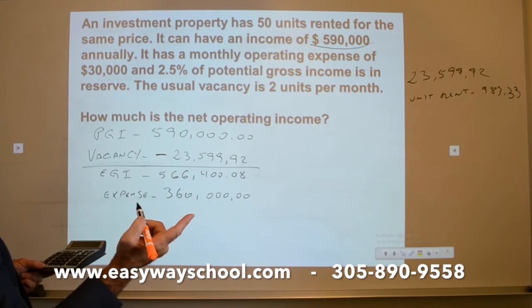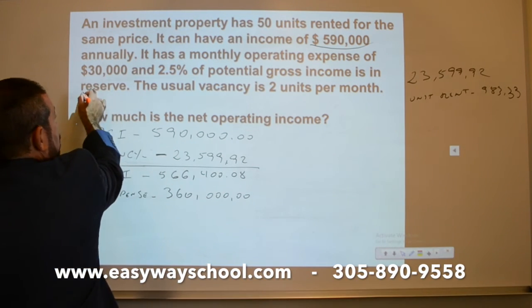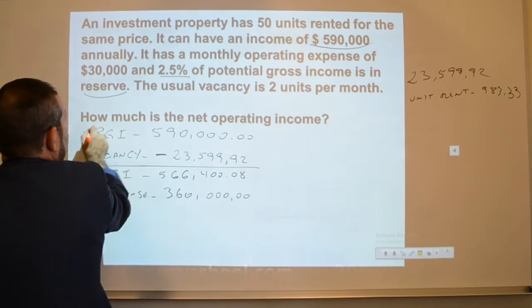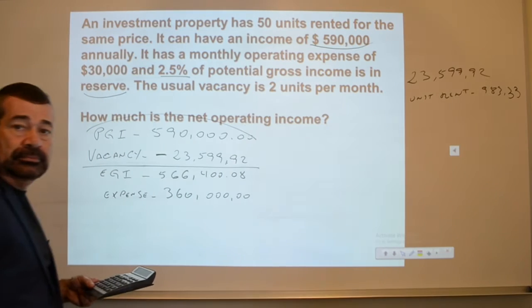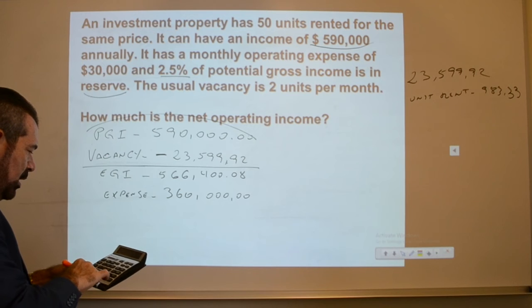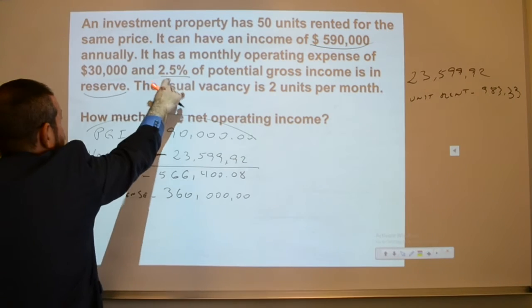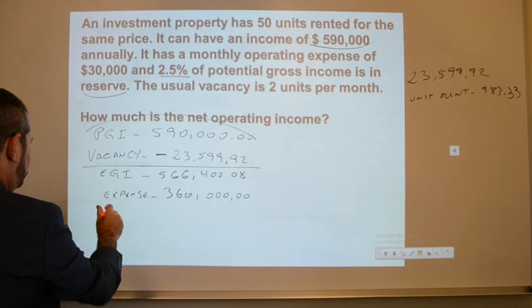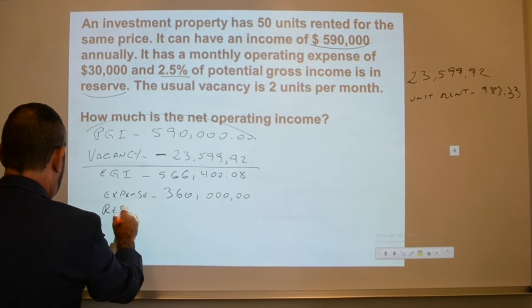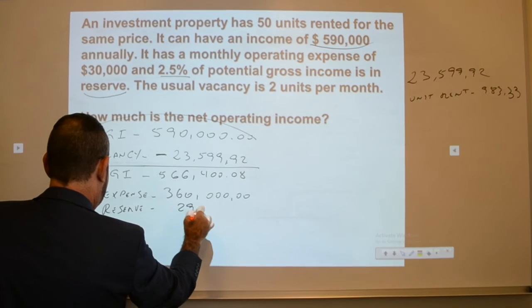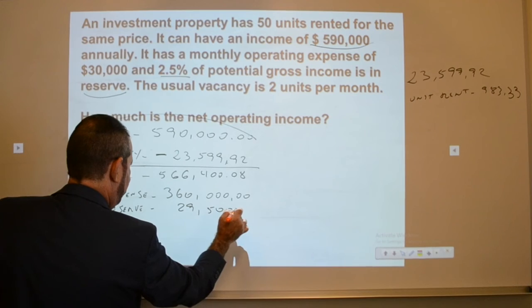And it tells me that the reserve is 2.5% of my potential gross income. Very simple. I have my potential gross income, which is 590,000, and I'll multiply that by 2.5%, and I will get the reserve to be $29,500.